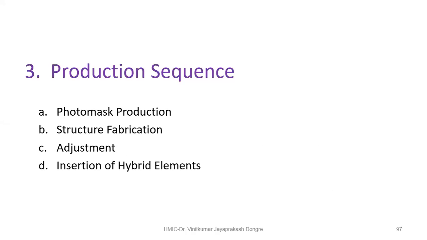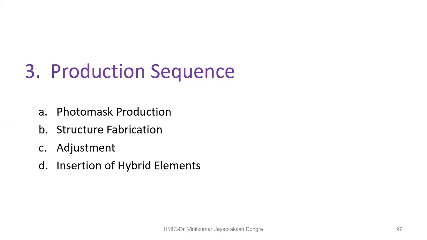Now we will go for the third step. We did the technology selection, and apart from that, the third is the procedure sequence, meaning now we have to go for the fabrication, the batch process.